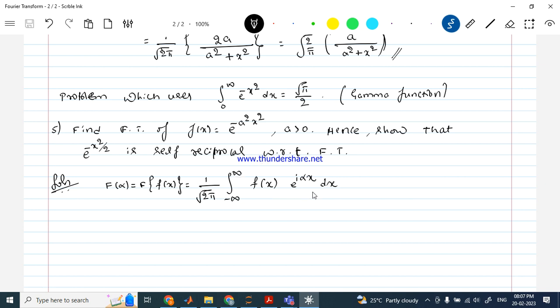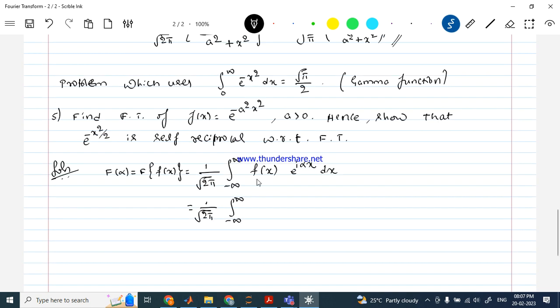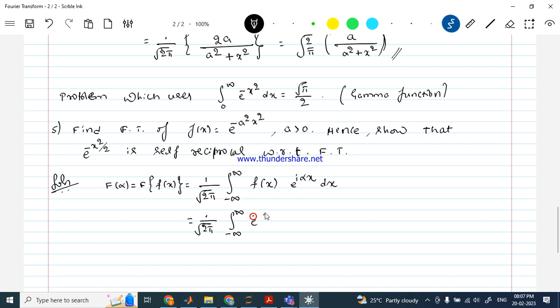So this is equal to 1 by square root 2 pi, integration from minus infinity to plus infinity, the function is e power minus a square x square into e power i alpha x dx.